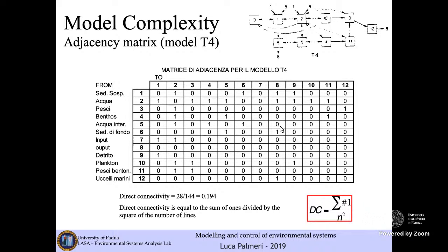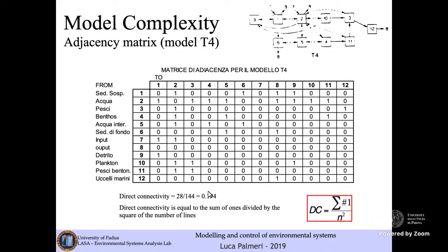A first evaluation of the complexity of a model may be found by employing the adjacency matrix, for example by calculating the number of ones present in the adjacency matrix divided by the total number of cells in the matrix. In this case, we have 28 ones divided by 144. The direct connectivity, the first indicator that I might calculate, is exactly 0.194.